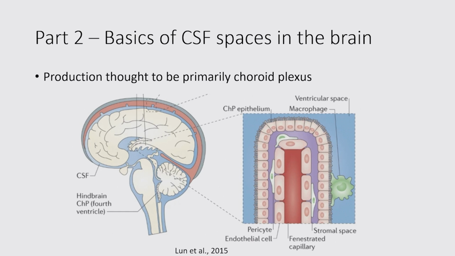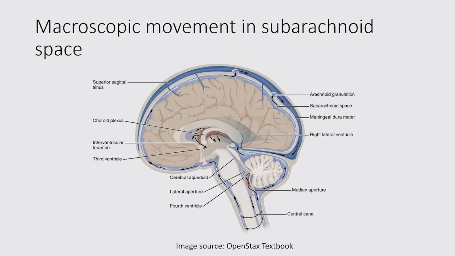So as CSF is made, it flows through the ventricles and makes it into the subarachnoid space. And this is kind of the textbook view of how CSF circulates with these arrows, the idea being that it's made in the choroid plexus, it fills the ventricles, and also flows dynamically through the subarachnoid space. And this flow is always happening.